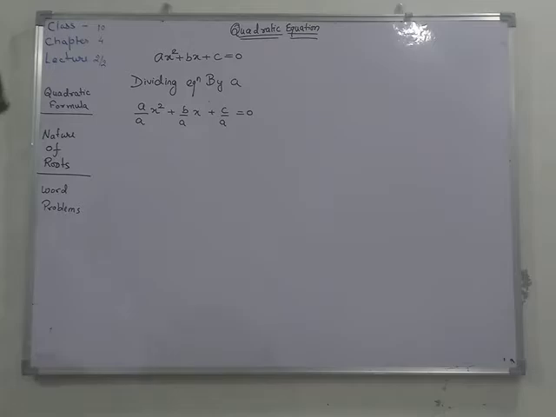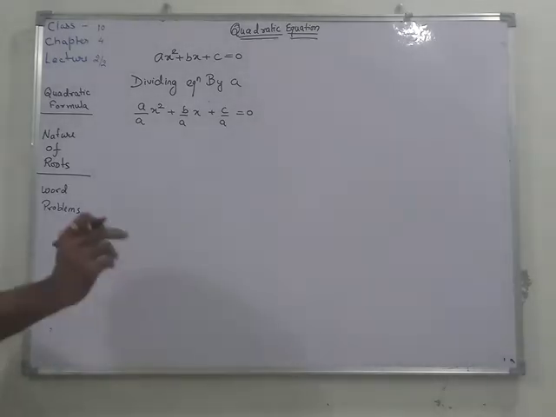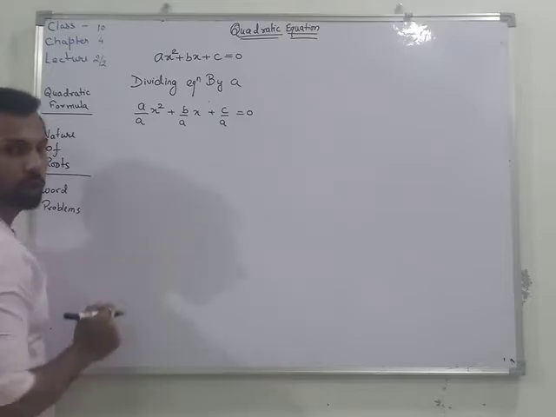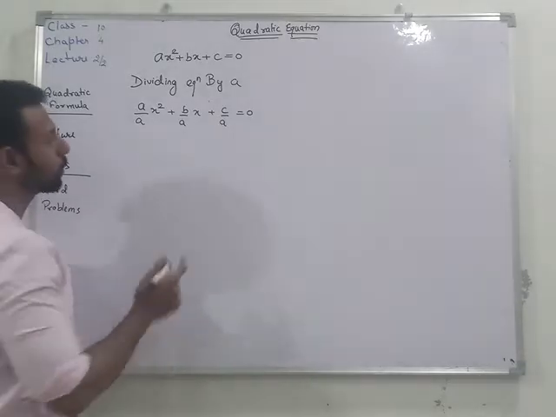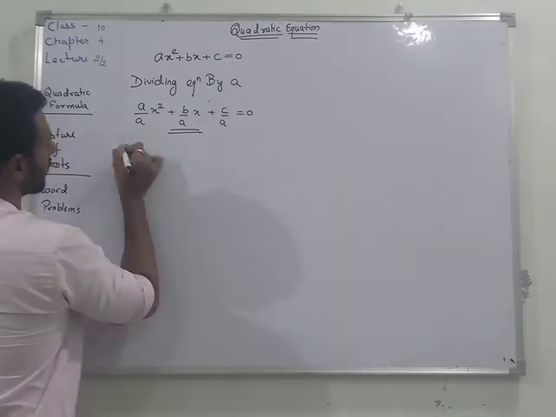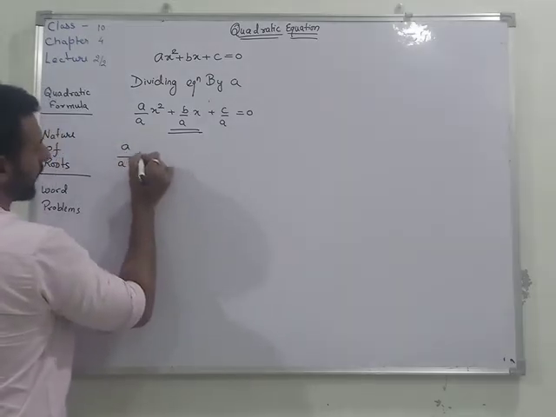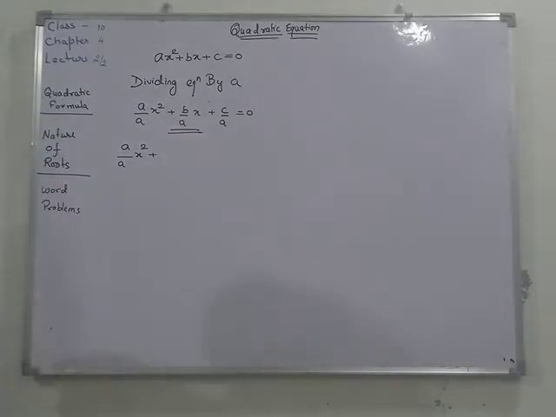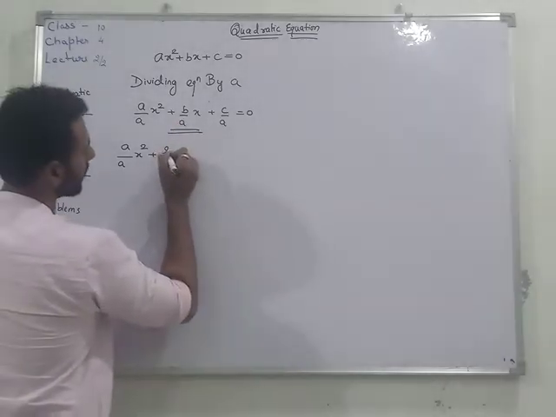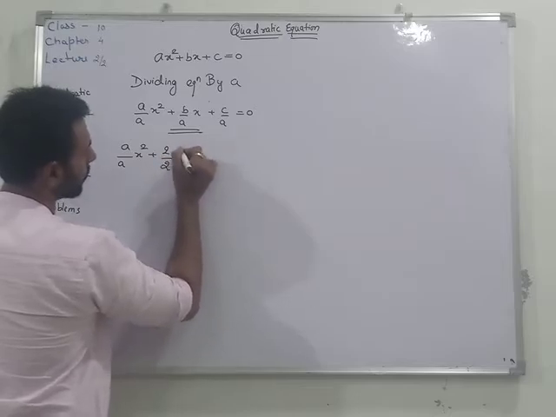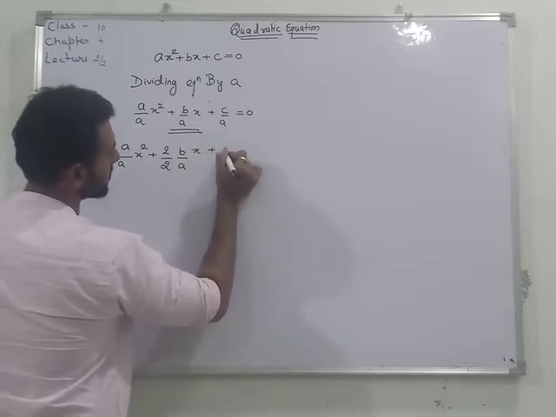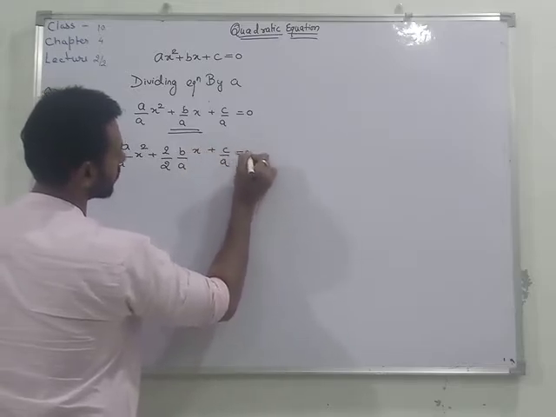We got this equation. Now multiplying this term with 2 and dividing with 2, we get a by a x square plus 2 by 2 into b by a x plus c by a is equal to 0.